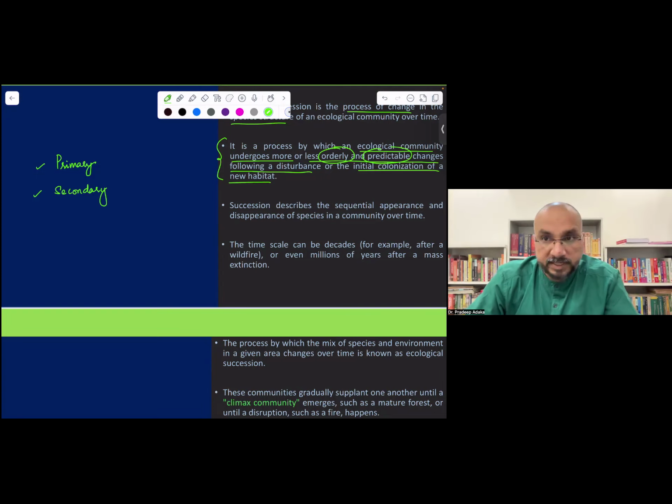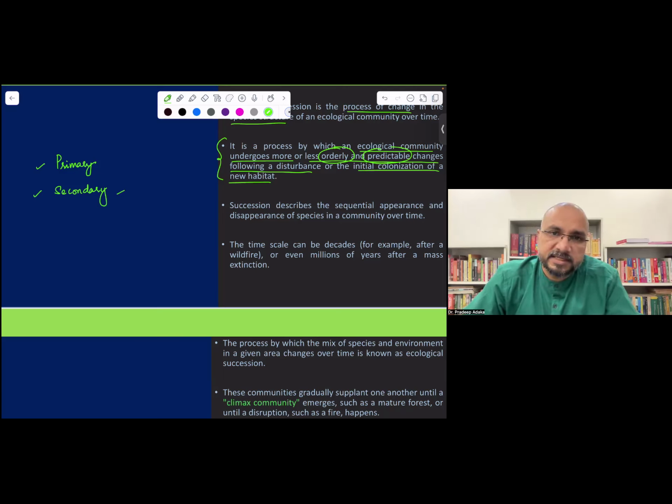Now there was earlier a community, but it was destroyed due to natural or artificial causes like forest fire or volcanic eruption or some natural calamity, and the community has been wiped out. Now after that calamity, if again succession begins, that is called secondary succession.